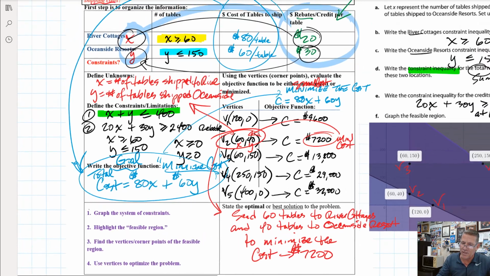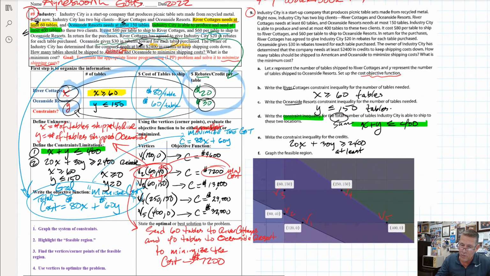All right, and that, my friends, is a full-blown programming problem.